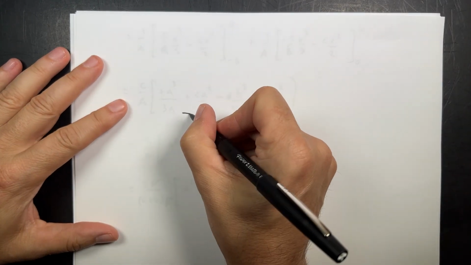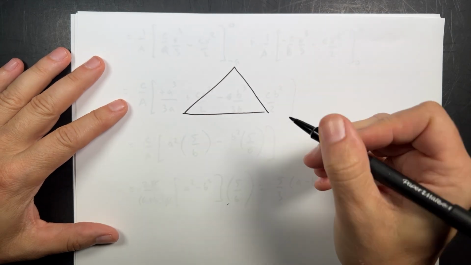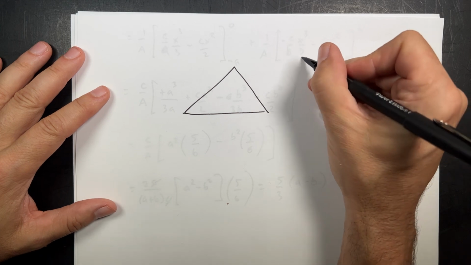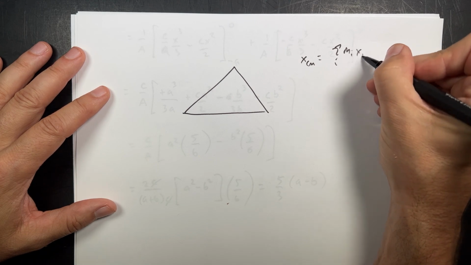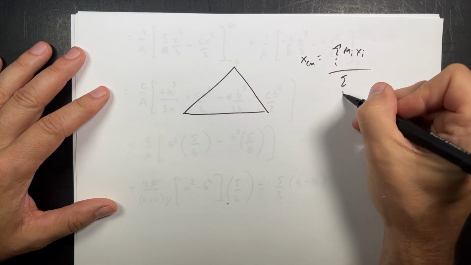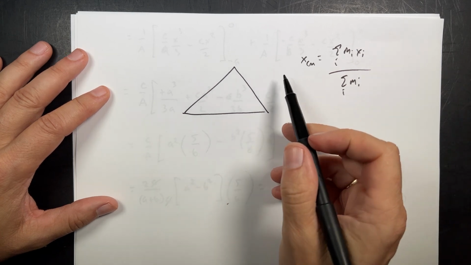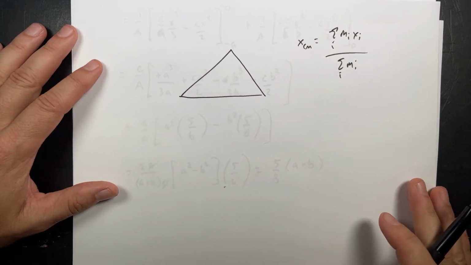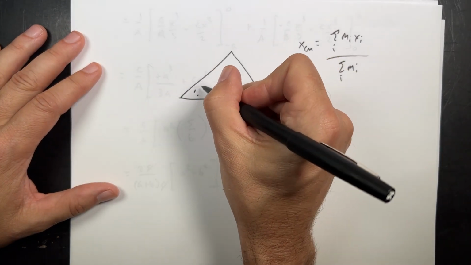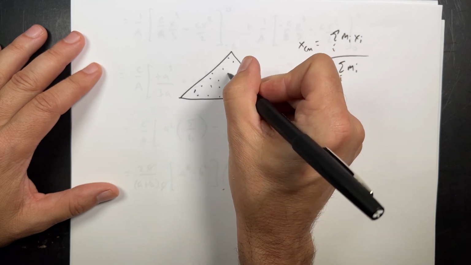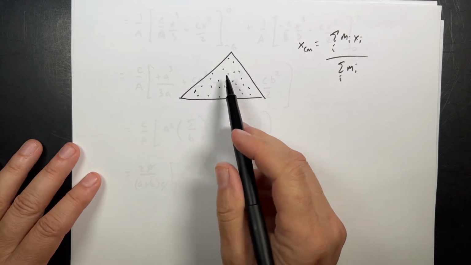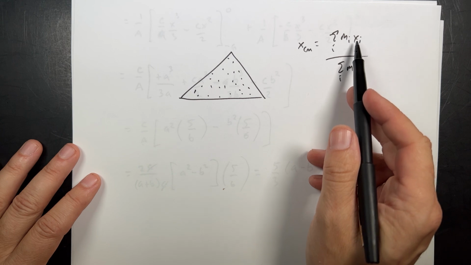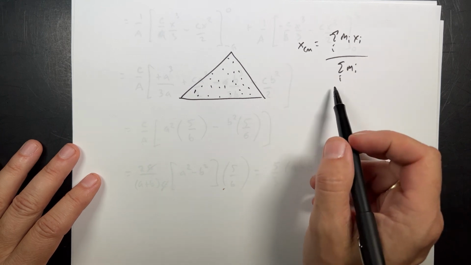Okay, so let's imagine that I have my triangle here. We calculate the center of mass as the sum over i of m_i x_i over the sum over i of m_i. If you have an infinite number of points, it becomes an integral. But if you have a finite number of points, suppose I have points all over here, spread kind of evenly, then I can just take the x value of all these points, multiply each by its mass, add those up, and divide by the total mass.